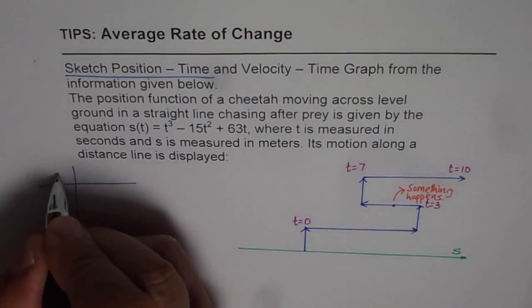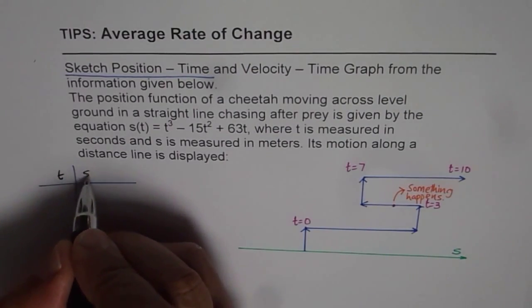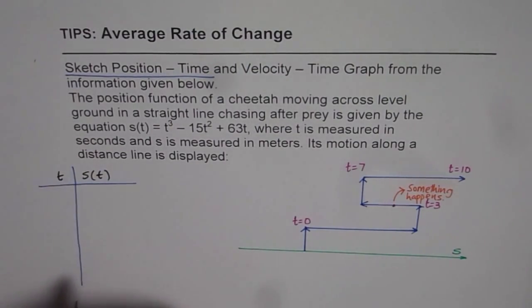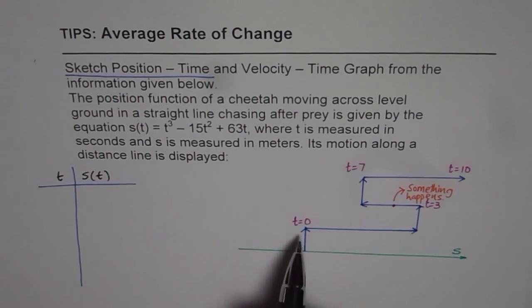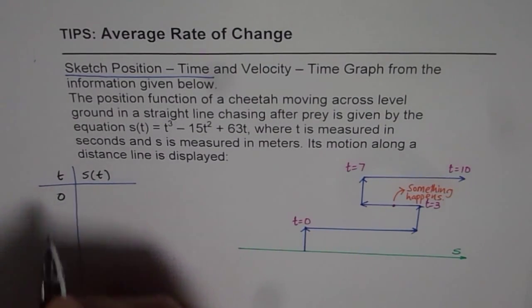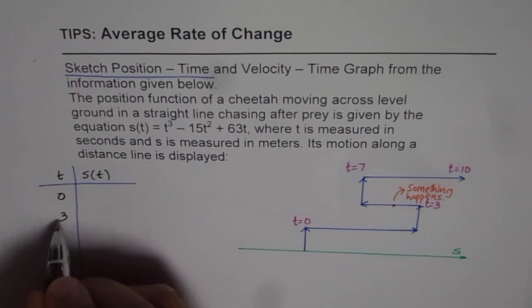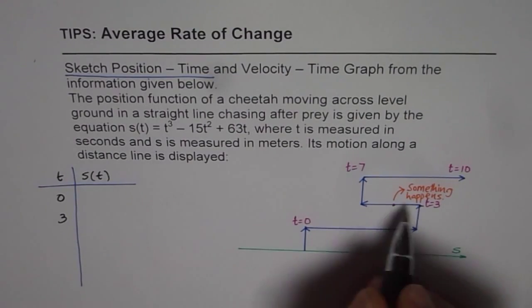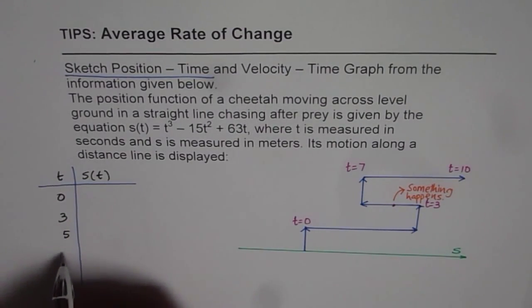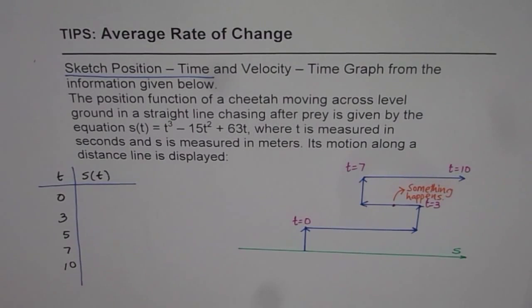Critical positions for us are 0, and then 3, 5, midway between 3 and 7, 7 and 10. Once we know these positions, we can join them with a curve and sketch. It's a cubic function, so it should be a smooth curve. So let's use the calculator to figure out these values.